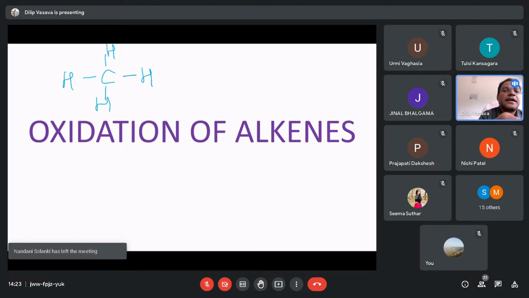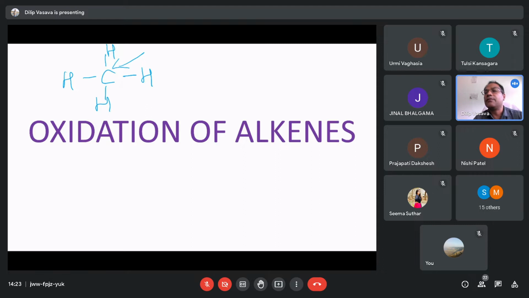This center carbon atom is not attached to any negative element or negative atom like oxygen or nitrogen or sulfur. In that case, it is known as zero level oxidation state, because this carbon is not attached to any electronegative atom.